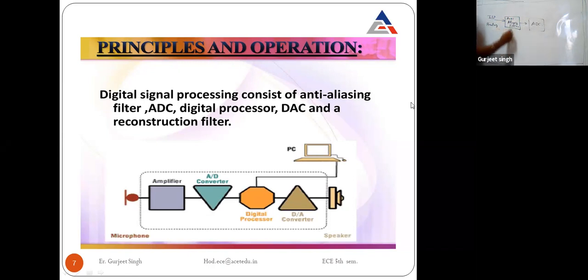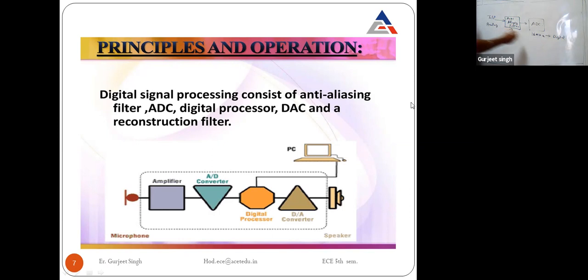Why do we need this anti-aliasing filter? Suppose my ADC has the capacity to convert a 16 megahertz signal to a digital signal. Each ADC has its own specification, on which frequency it works. So my ADC works on 16 megahertz frequency.